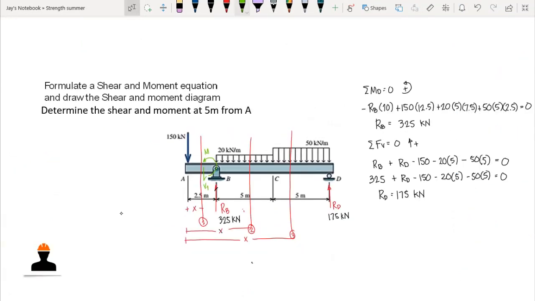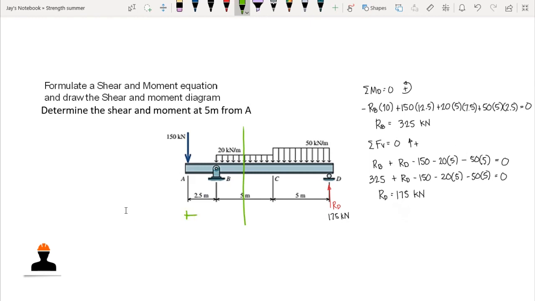Now for the second question, we are asked to determine the shear and moment at a point that is 5 meters from A. Okay, and we know that if this is 2.5, so therefore from B we have 2.5, and that is the midspan between B and C. So we are asked to compute the moment at this point.